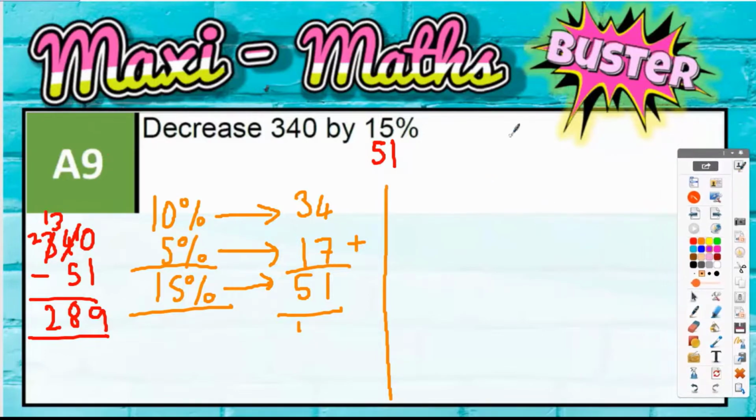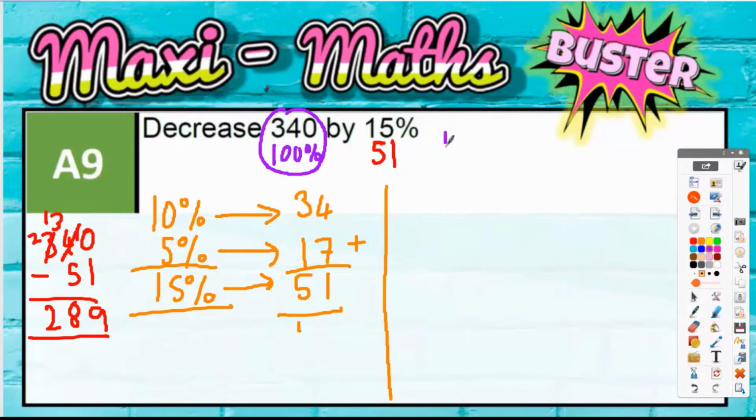Now, to cut a long story short, what you've got to do is you've got to pretend the 340 is 100%. The 100% value is your starting value. If you're increasing by a percentage, you add that percentage onto 100. If you're decreasing, you subtract it from 100. So this is what I mean.